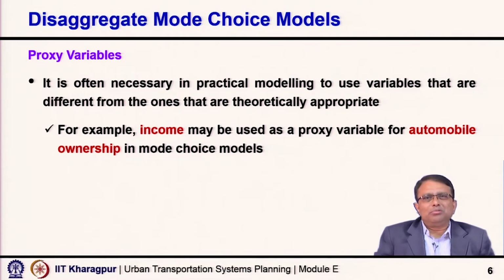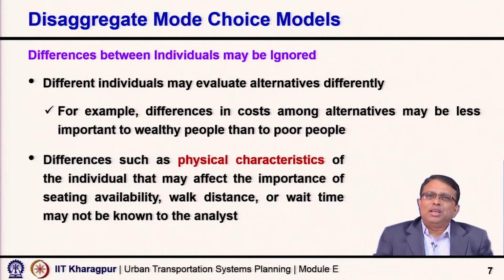You do not have the real automobile ownership data. In the absence of that, we use income as a proxy variable. Higher the income, higher the vehicle ownership or automobile ownership. Now, what is the consequence of that? Because of that, again my actual behavior and model prediction may be different.